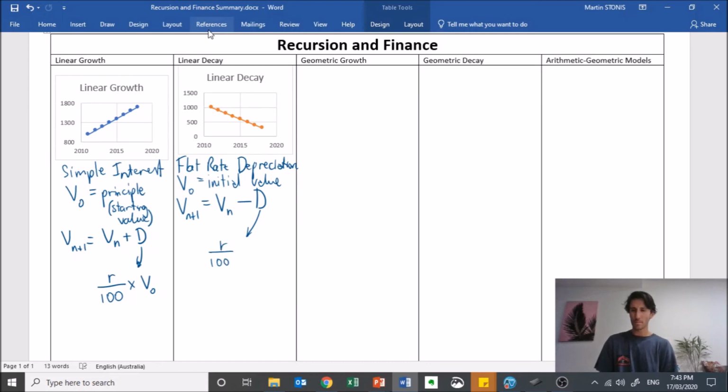So we should be seeing some parallels between linear growth and linear decay. They're very similar. In fact, the only difference is really this minus sign rather than a plus sign here. So D is equal to that.